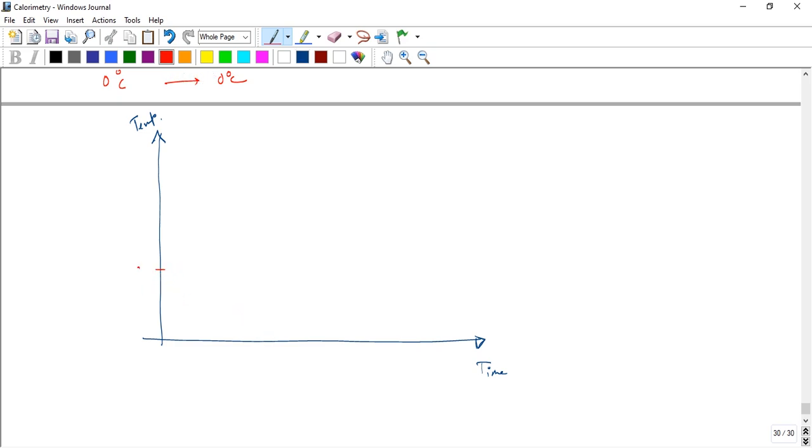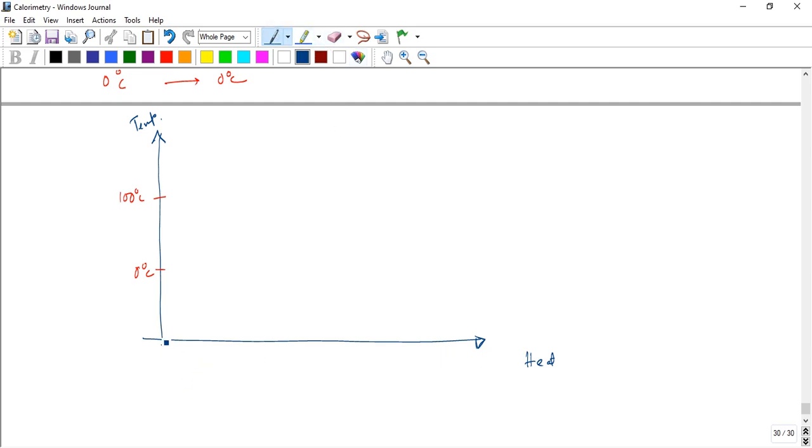Here is 0 degree centigrade, and here is 100 degree centigrade. Time is also called heat. Consider the heat, not time. I ignore time here and plot only heat.